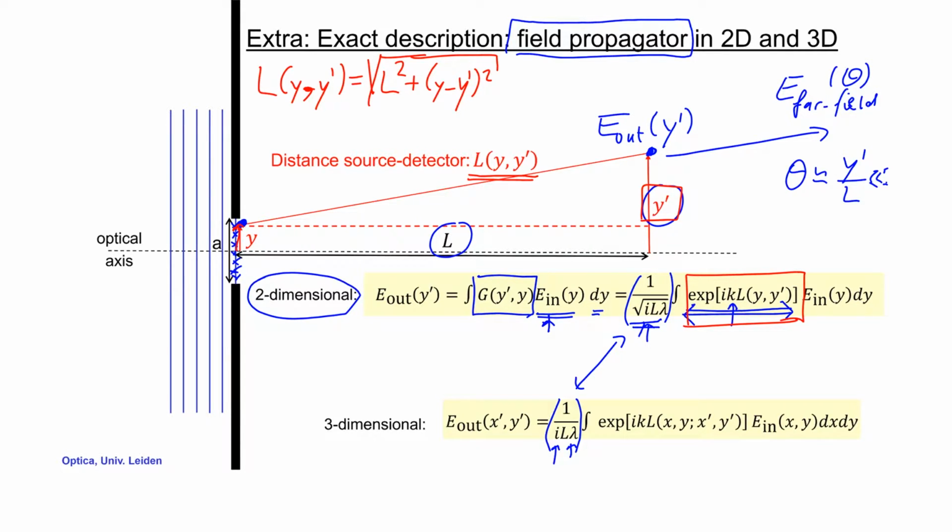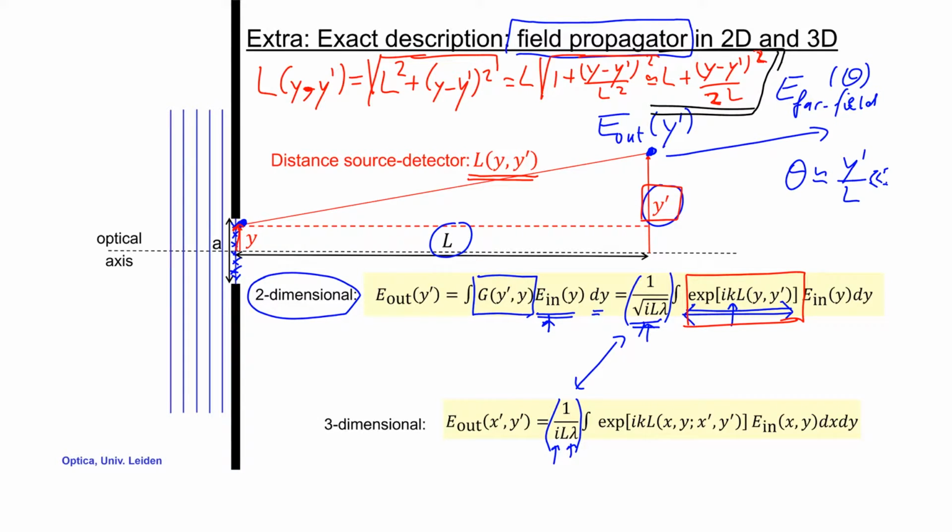And you can also write this by using a Taylor expansion. So you take out this L squared term, and if you then Taylor expand, you can approximate it as L plus (y minus y prime) squared over 2L. Right. So this is the general form. It's all about path length differences.